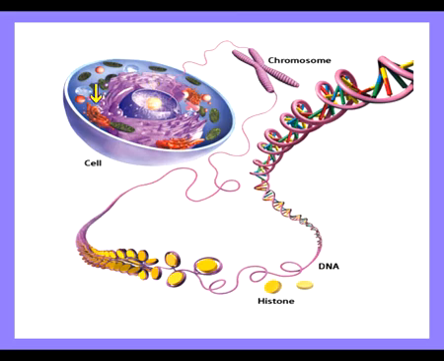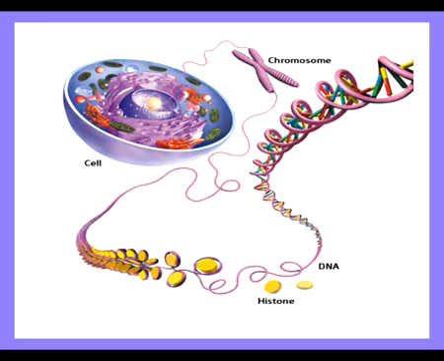This is the nucleus, these are cell organelles, and this is one of the chromosomes. A chromosome is a highly compact structure, but when it has to express itself in terms of gene expression, it relaxes, opens up and allows various proteins and other transcription factors to interact with the DNA, which eventually leads to gene expression.